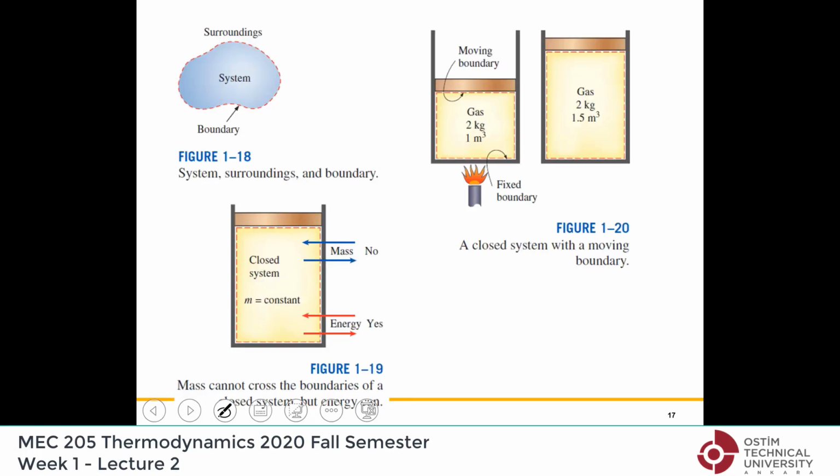And the boundary can be fixed or moving. For example, the dashed line here is the boundary. And the mass inside is a system. We will call it a closed system. See this part? This is a moving boundary, because as the piston goes up, that boundary will move. But this part is a fixed boundary that cannot move.